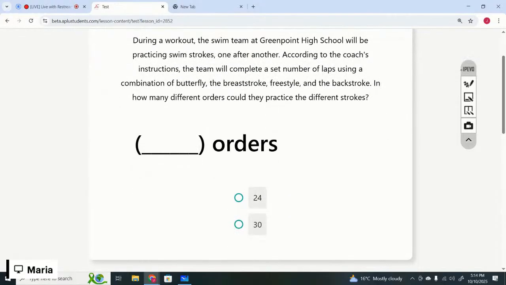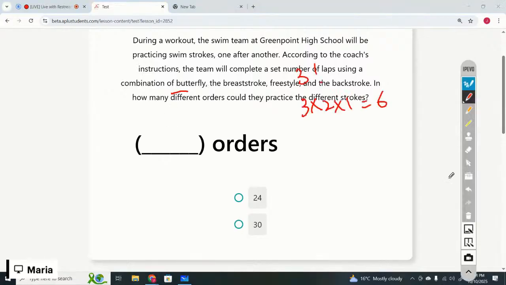During a workout, the swim team at Green High School will be practicing swim strokes one after another. According to the coach's instruction, the team will complete a set number of laps using a combination of butterfly, the breaststroke, freestyle, and the backstroke. In how many different orders could they practice the different strokes? 1, 2, 3, 4.